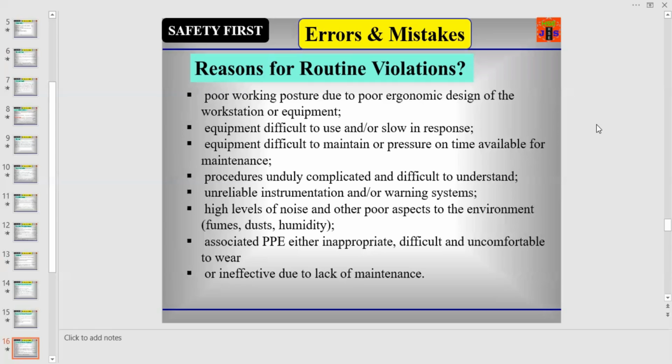So these are the common reasons of routine violation.